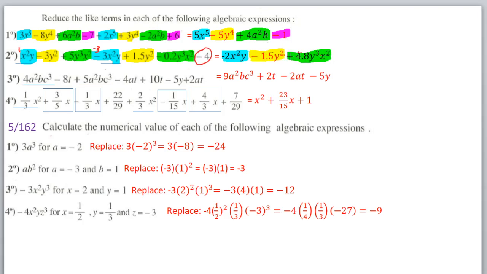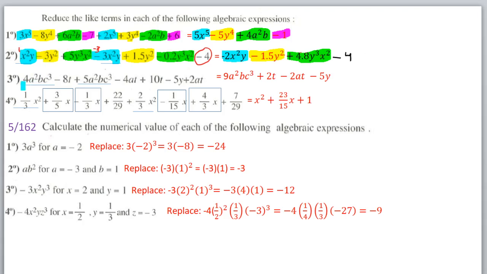I forgot, I think, to write it here, so it's minus 4. Done? Okay, go to the next one.